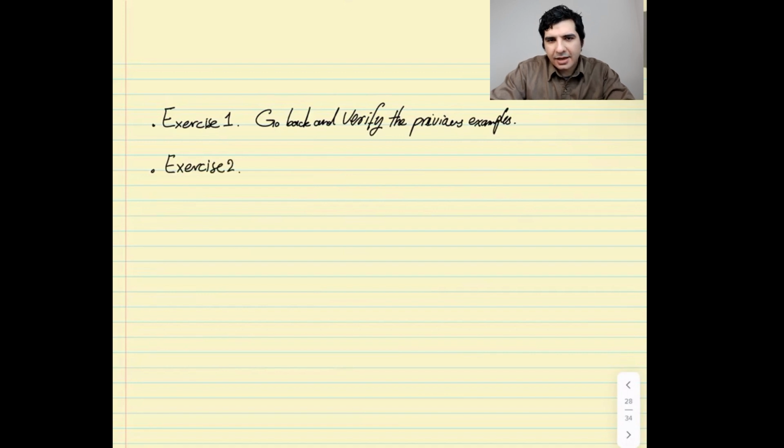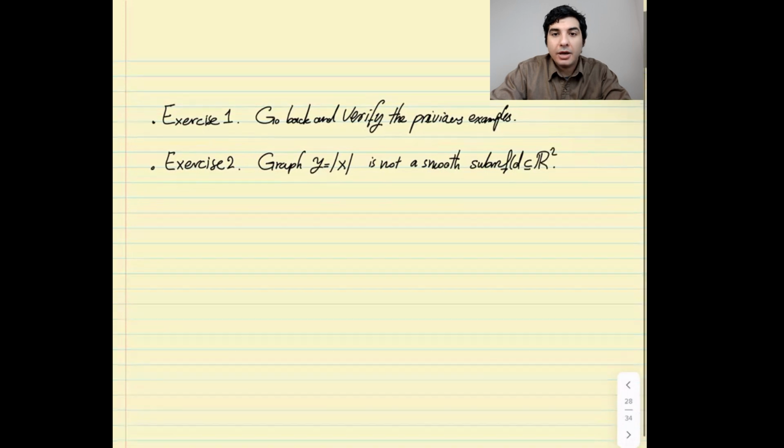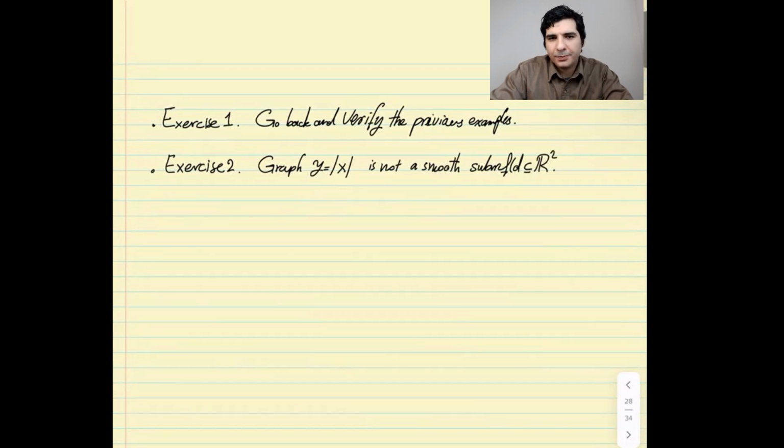The second exercise I want to suggest is to go back and look at the graph of y equals absolute value of x and verify that this is indeed not a smooth submanifold. It's not an embedded submanifold, it's not even an immersed submanifold of R2. Okay, so I'd like you to go and check these two things.